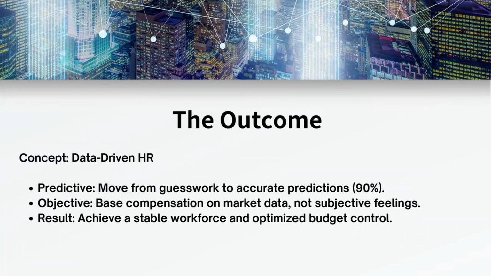And the outcome is data-driven HR, which moves from guesswork to accurate predictions, with 90% from the random forest model, and objective compensation based on market data, not subjective feelings, and results in a stable workforce and optimized budget control.